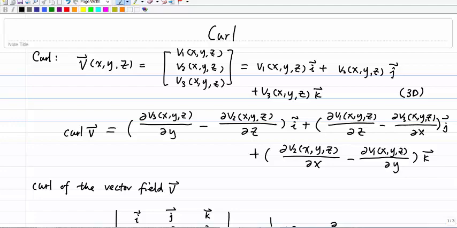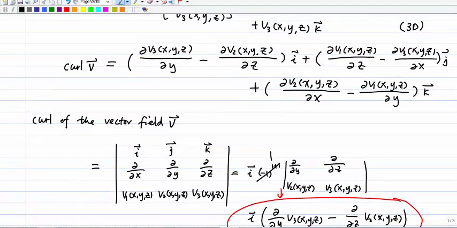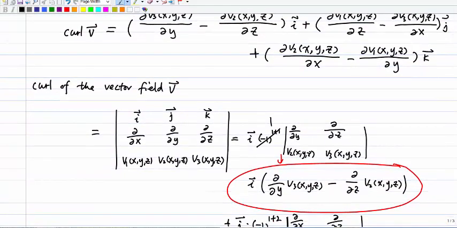But you can also write the curl of the vector field as the determinant of a 3x3 matrix, which is given by this. The first row in the 3x3 matrix is i, j, and k. The second row is partial over partial x, partial over partial y, partial over partial z, which is just a partial operation basically.